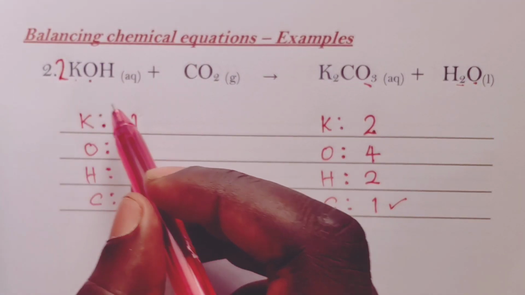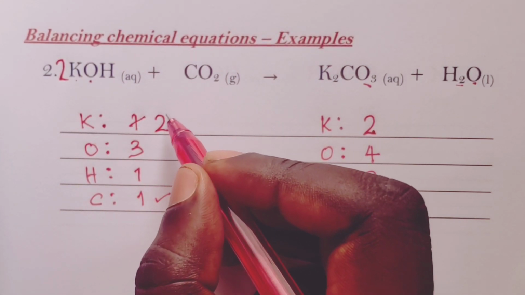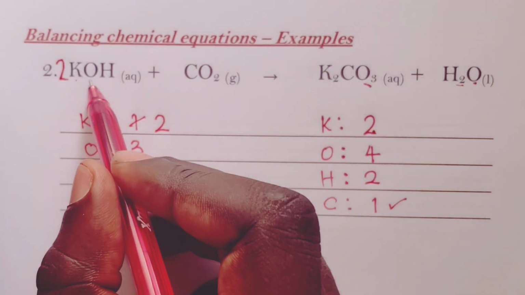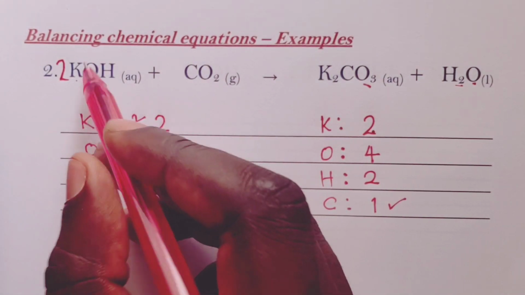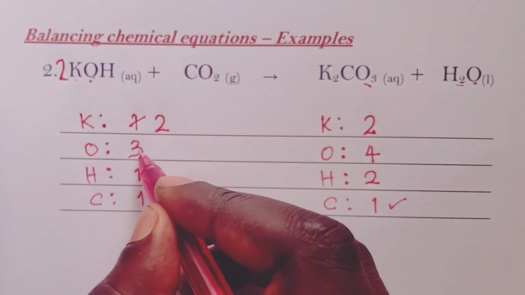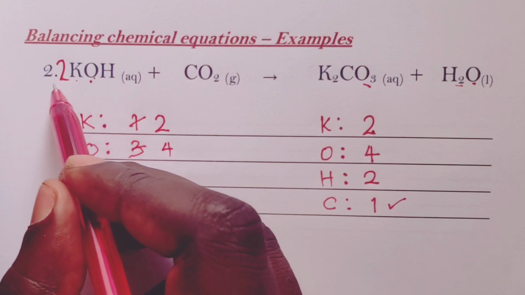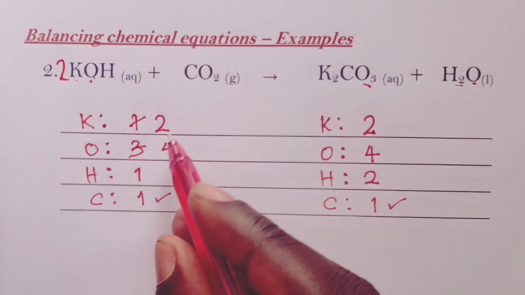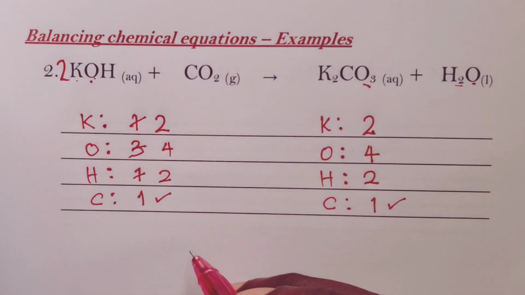When I do this, my potassium atoms are now 2, but this affects oxygen as well. Instead of 3 on the left, there'll now be 2 plus 2, which will be 4. And again, if you look at hydrogen, the 2 here has affected it. I'll now have 2 instead of 1.